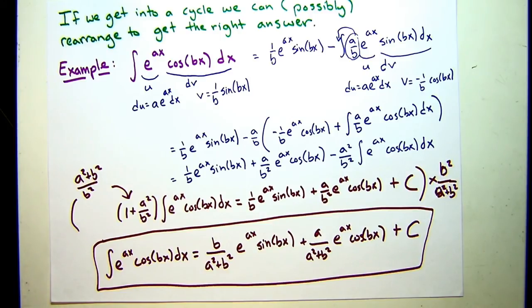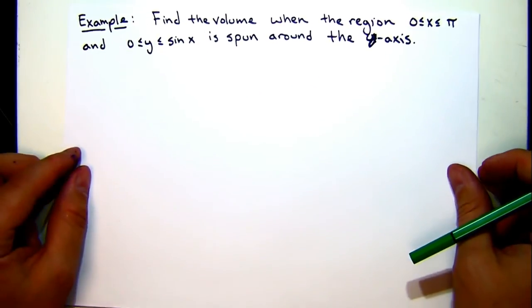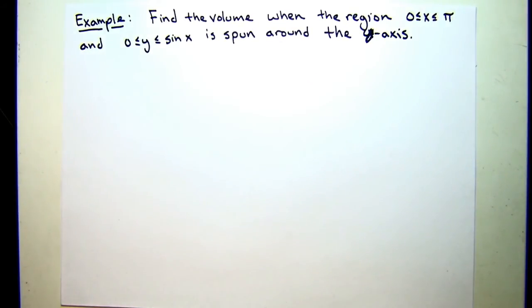All right. So finally, last thing for today, today's last topic. Suppose I want to do the following. Find the volume when the region between 0 and pi for x and 0 for sine x for y is spun around the y-axis.